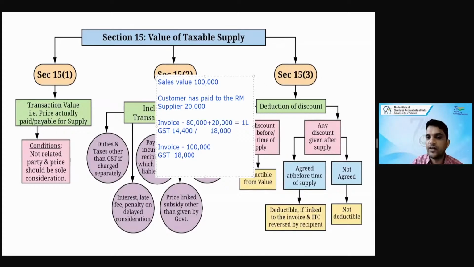Correct. Invoice value should be 1 lakh. Another 20,000 is what you will add. What is another 20,000? The 80,000 invoice we had thought of, that will not be the invoice. The invoice value will be 80,000 plus what is paid to the vendor by my customer. So all such adjustments have to happen. How is GST 14,400? It's simple, right? On 80,000, 18% is how much? 14,400.